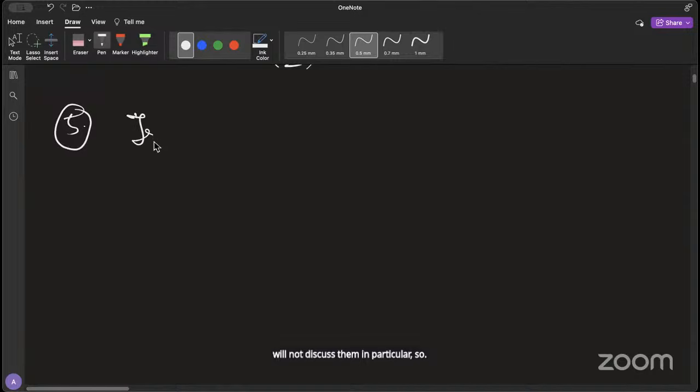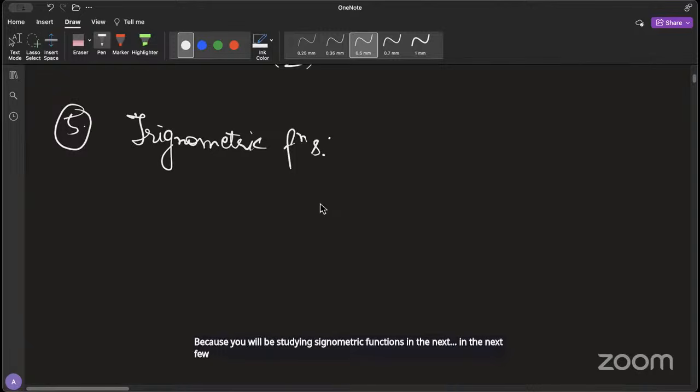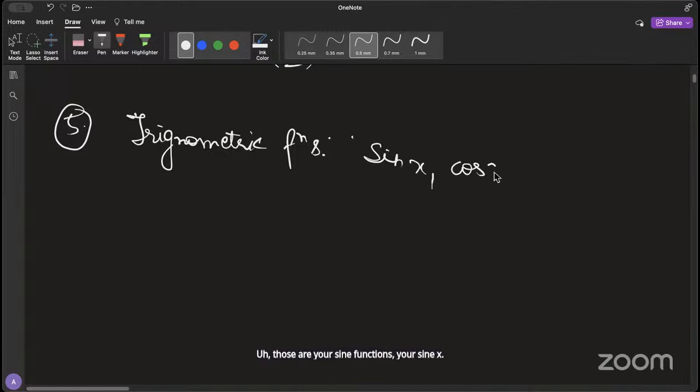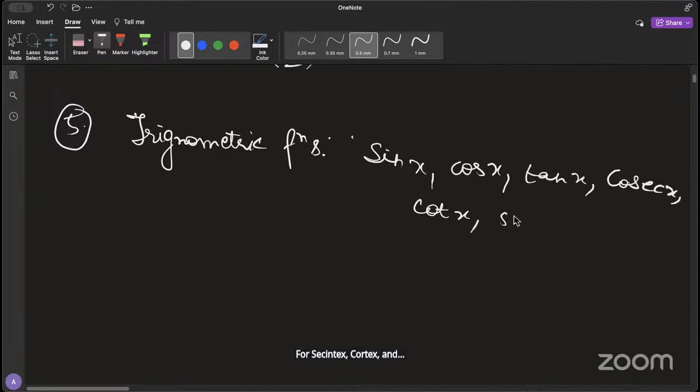So trigonometric functions, because you will be studying them in the next two to three weeks. Those are your sine x, cos x, tan x, and then cosecant x, cot x, and secant x.